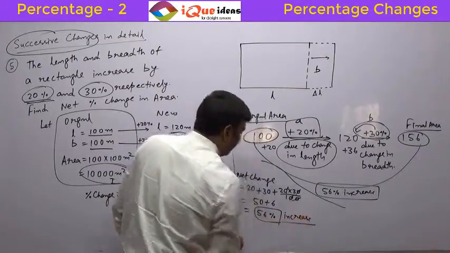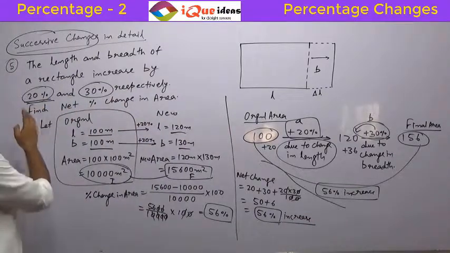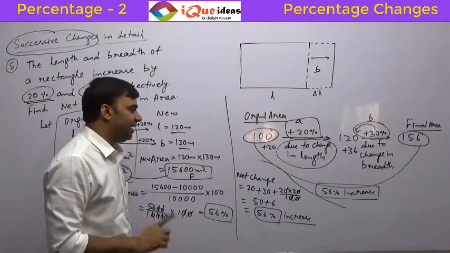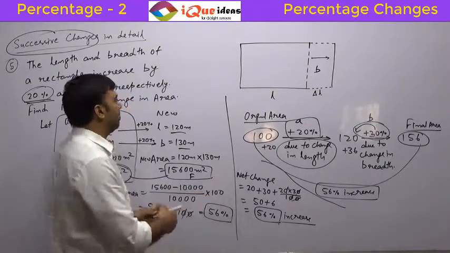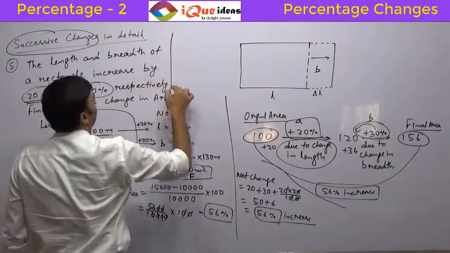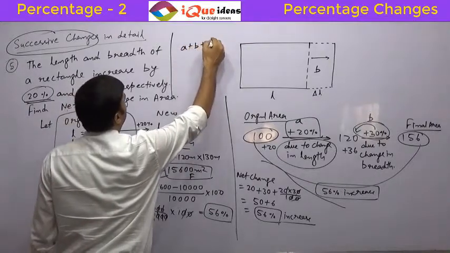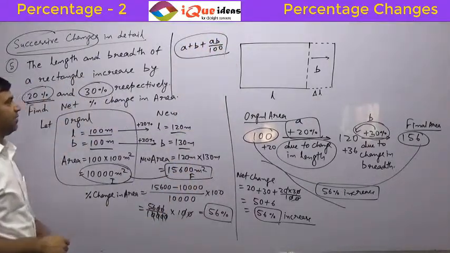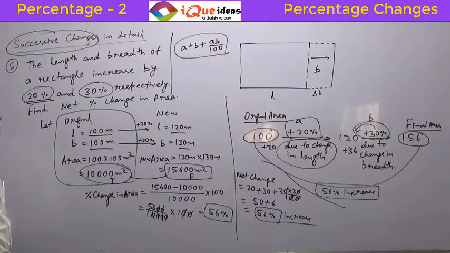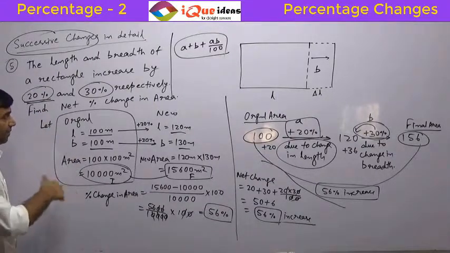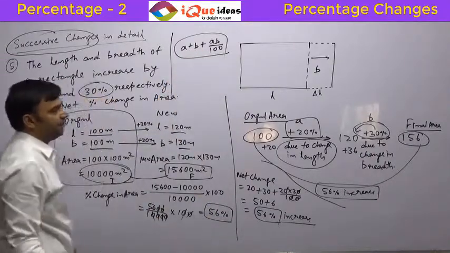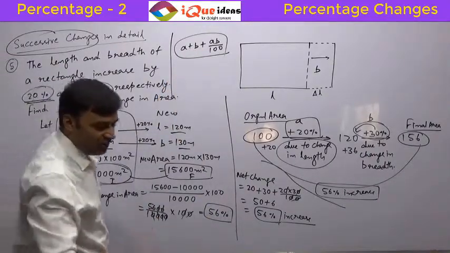So remember, if the percentage changes in length and breadth are given, the net change in area can be directly calculated with the help of successive change formula, that is A plus B plus AB by 100. If the net change has to be calculated and the changes in length and breadth are given, you can directly apply this. It may be decrease also, but doesn't matter, just be careful about the sign of A and B here.